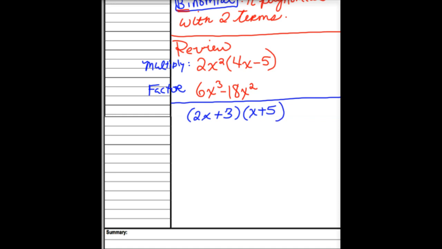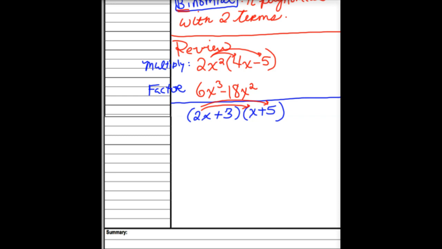Really what we do is the distributive property. Pretend the 3 wasn't even there and you were just doing this process up here where you multiply the 2x squared in. That's really what you're going to do here. You're going to multiply the 2x by the x and then the 2x by the 5.